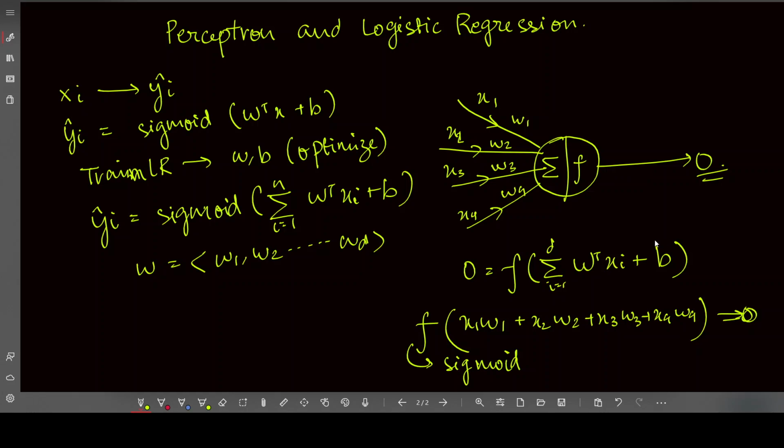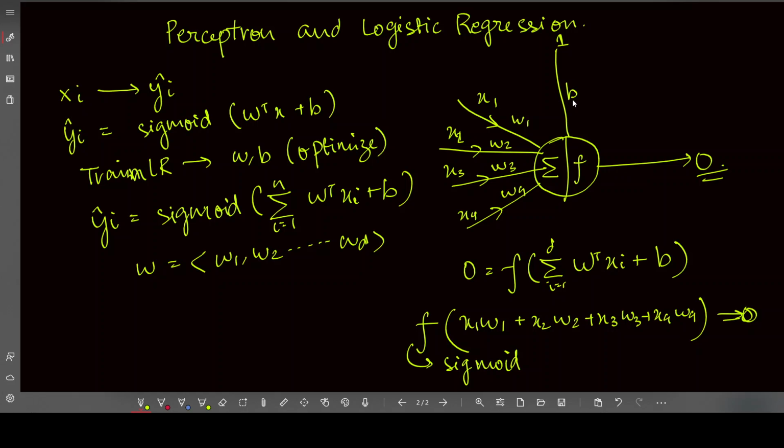Now you might ask me, what about this b over here? For this b, what I can do is I can give it another input with a weight b. The value of the input is 1, it's a constant, but I can give this input a weight b, right? And because b has to be optimized, when you're trying to find the optimized logistic regression model, you're basically trying to find the best values of the weight w and this constant b.